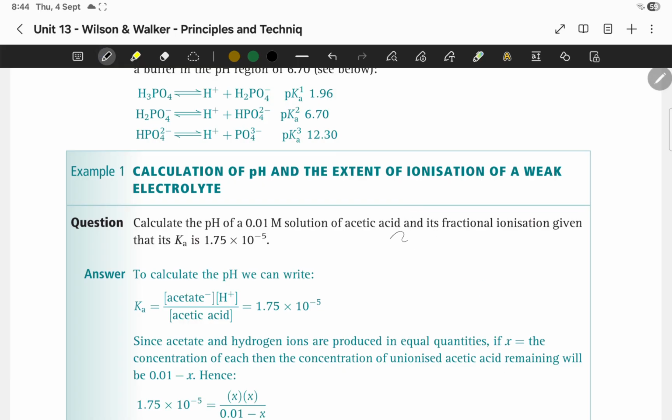So basically the concentration of acetic acid CH3COOH is given, equal to 0.01. Ka is 1.75 into 10 raised to power minus 5, and its fractional ionization. They want to know the pH.